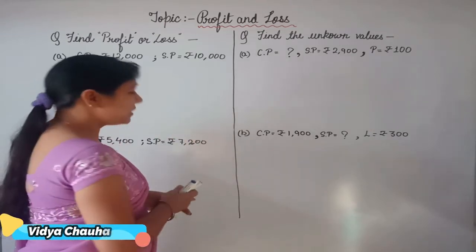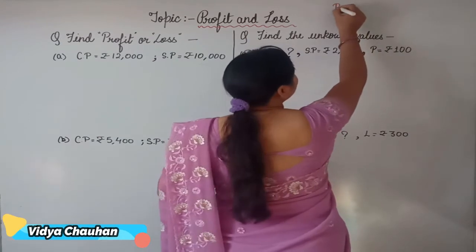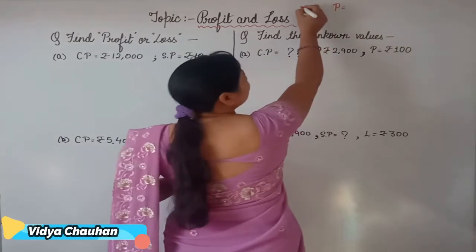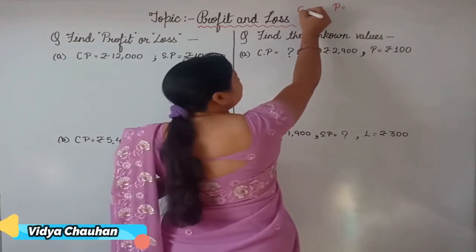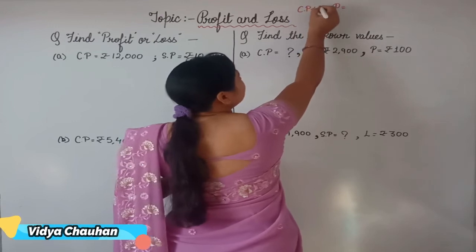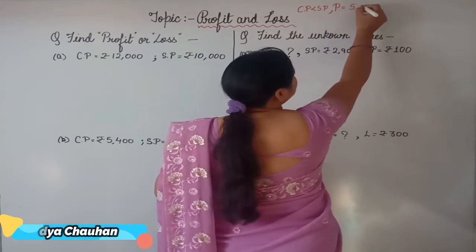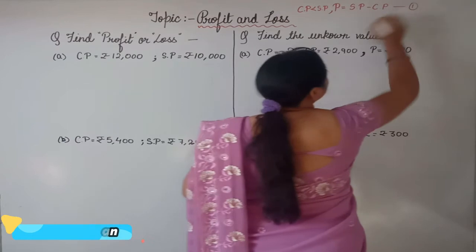As we have discussed in the video, what is the formula of profit? What is the condition of profit? The condition for profit is when CP is less than SP, then it is profit, and the formula is SP minus CP. This is our first formula.